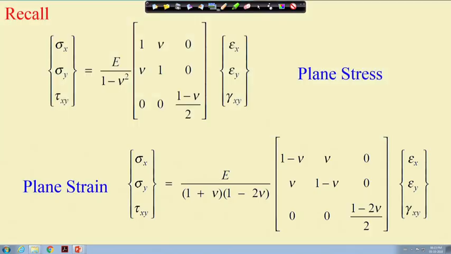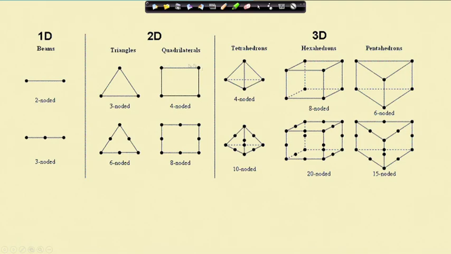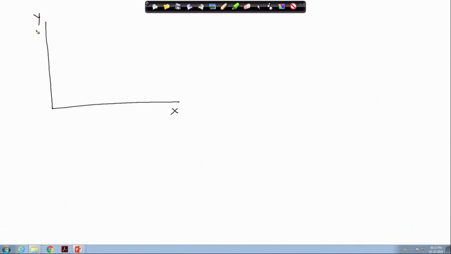Now, quickly, I will take you to another element, the 4 noded quadrilateral element, and show how to construct the shape functions of this element. You define the x and y coordinates, and then we have a 4 noded quadrilateral.